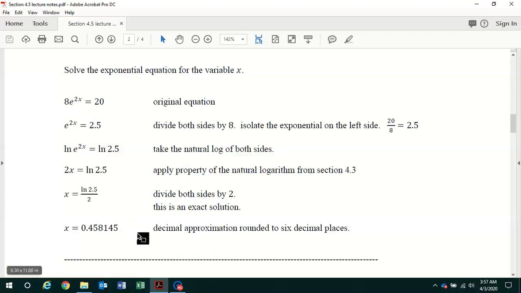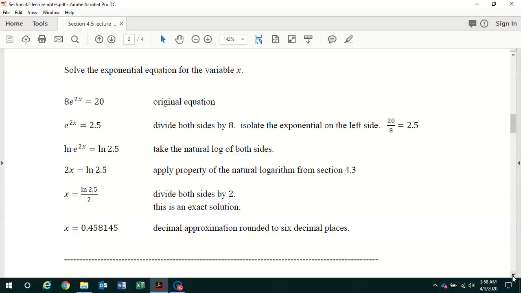To find the decimal approximation, use your calculator, type in natural log of 2.5, hit enter, you get a decimal number, divide that number by 2, and the value of x that's the solution to the problem up here to 6 decimal places is 0.458145.